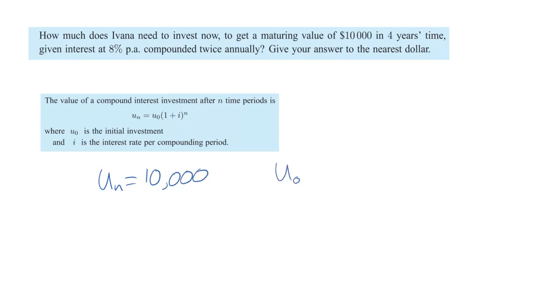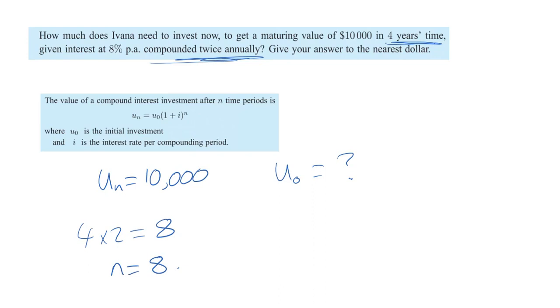We're trying to establish what is the amount we put in, right? So we don't yet know what U0 is. Now, the number of compounding periods, well, we've got 4 years and we compound it twice every year. So we're going to have to work out 4 times 2, which is 8. So that is going to be our number of compounding periods, N. So we've got 8 of them.